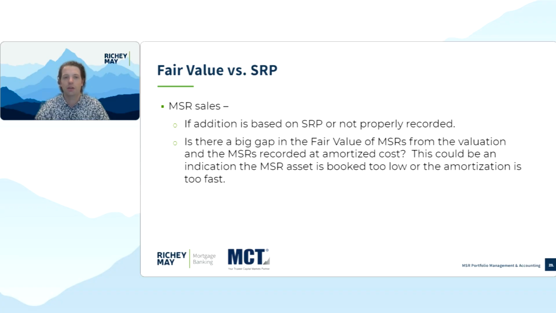If prepayments or runoff are slower than expected, the asset is potentially being written down too quickly. And if any of these gaps are material, the auditors are going to make an adjustment, and not just the auditors, even investors may push for a reevaluation of the amortization assumptions.